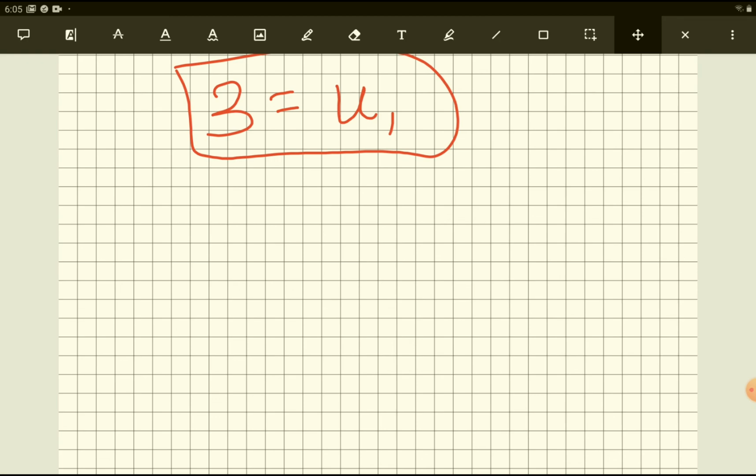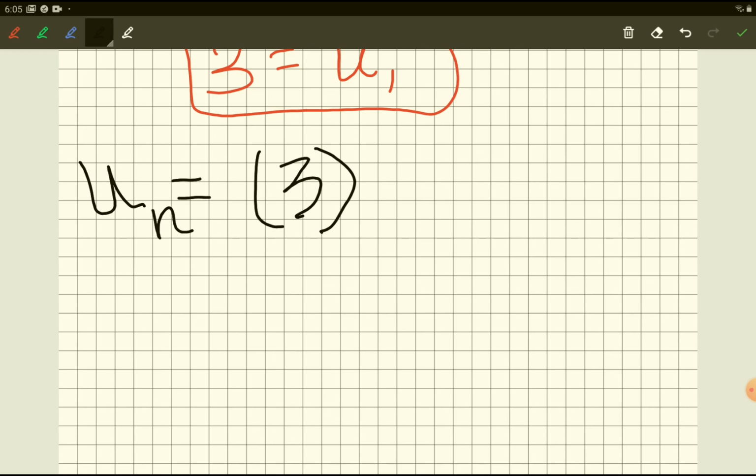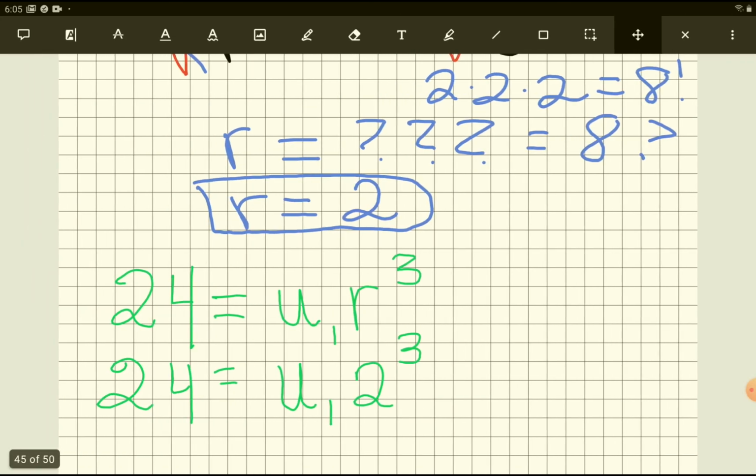So I figured out my r. I figured out my first term. And so now I'm going to put it all together for the general formula. And then my r is, what did I say my r was? My r was 2.